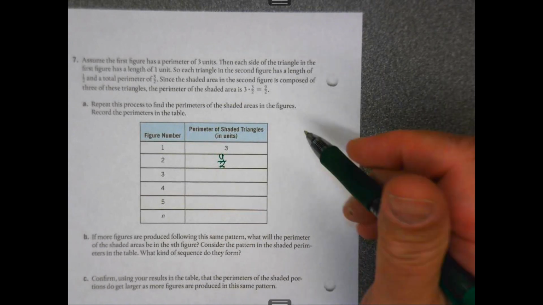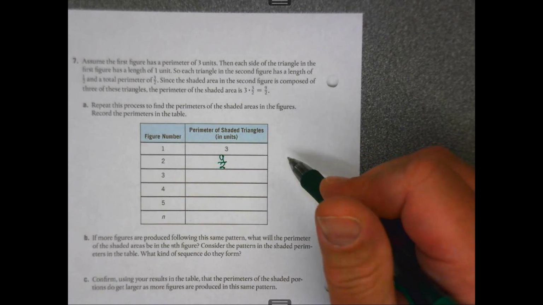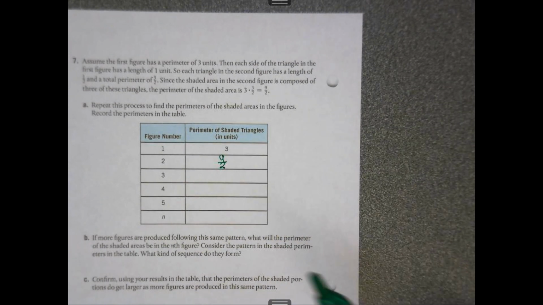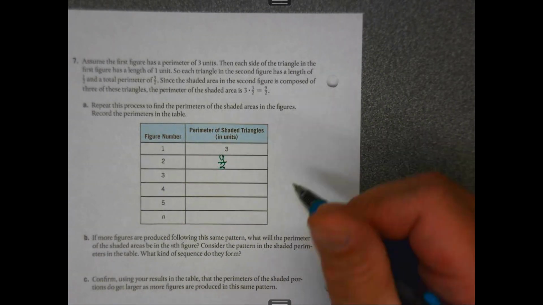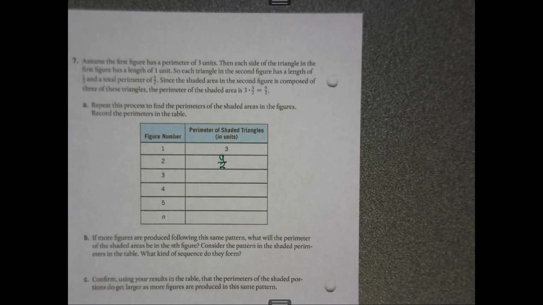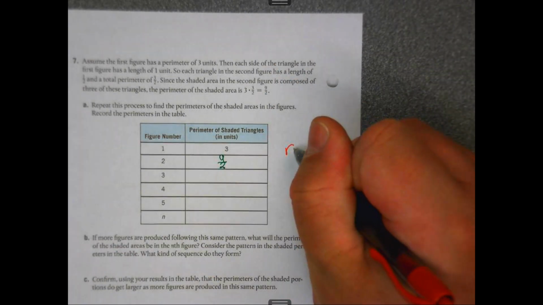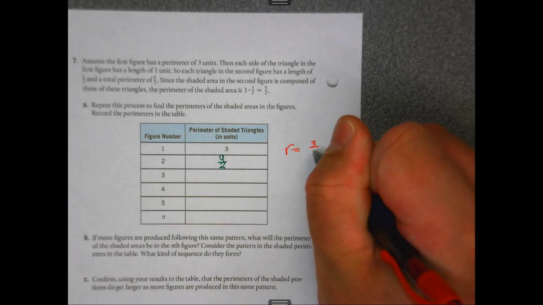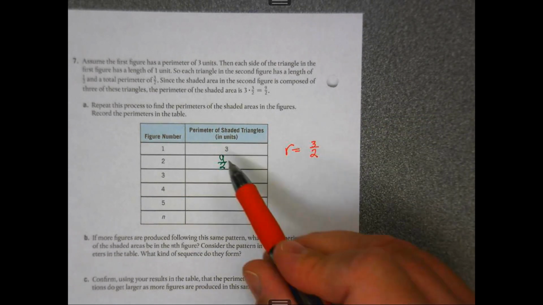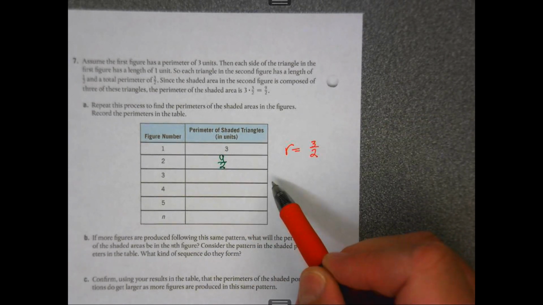So we're multiplying it by 3/2. So our r here equals 3/2, so it's a geometric sequence.